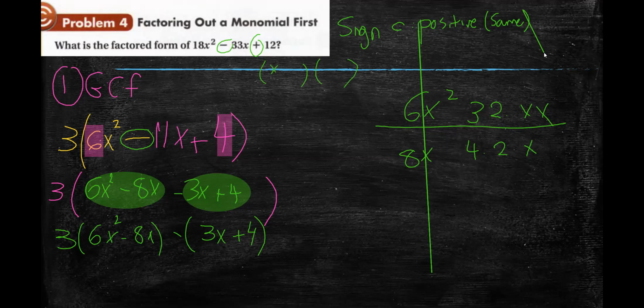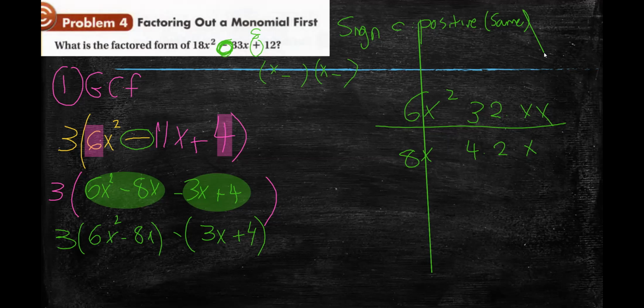You write x, x as an example. Look at the sign of C. The sign of C here is positive, that means we have same. Same of the B sign. What is the B sign here? Negative. So I will write here negative, negative.